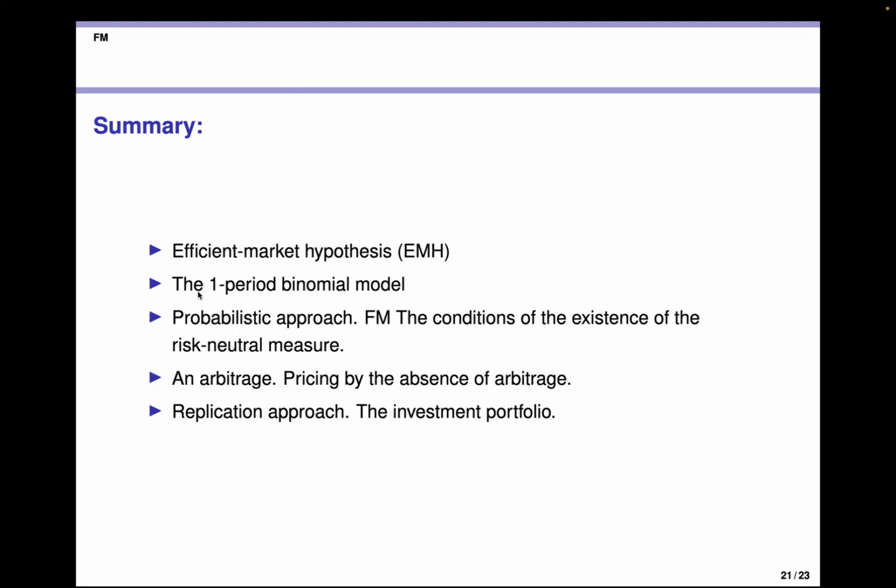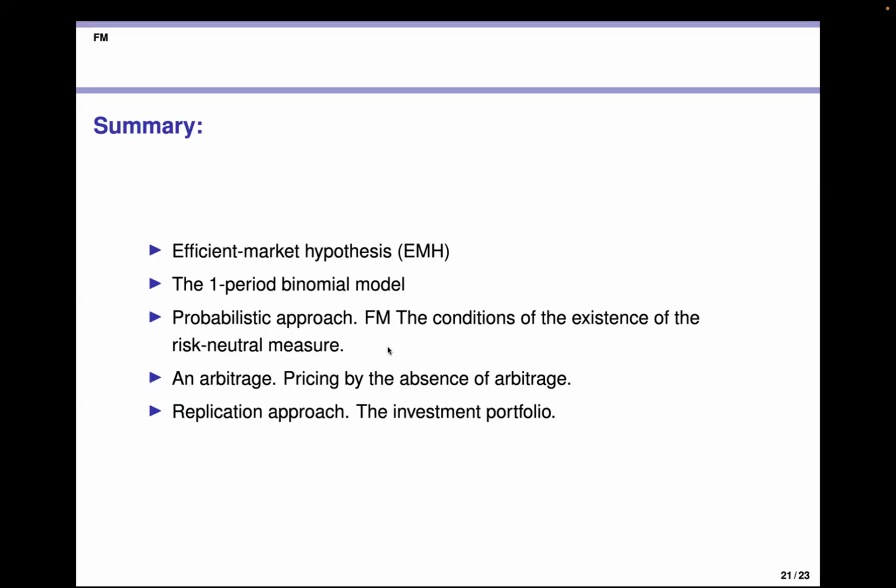After that, we considered the one period binomial model. It is a model where there are only two scenarios. The probability space consists of only two outcomes. And we need to know the initial price of stocks, the interest rate, and the prices for stocks at the final moment. And from the probabilistic approach, we know the condition of the existence of a risk neutral measure.